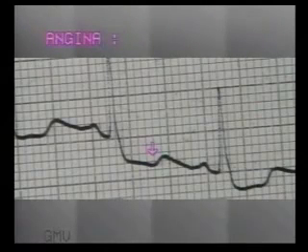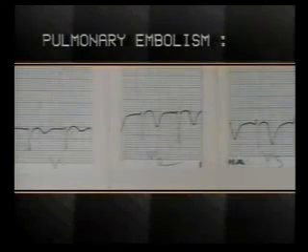Another cause of chest pain with T wave inversion is an acute attack of angina. The ST segment is depressed with T wave inversion in lead V5, but this change is transient and will return to normal after the attack subsides. The fifth cause for T wave inversions with acute chest pain is pulmonary embolism.